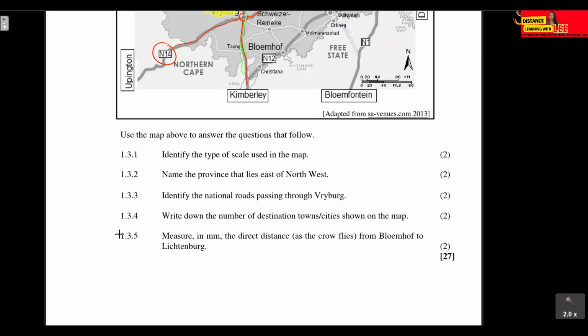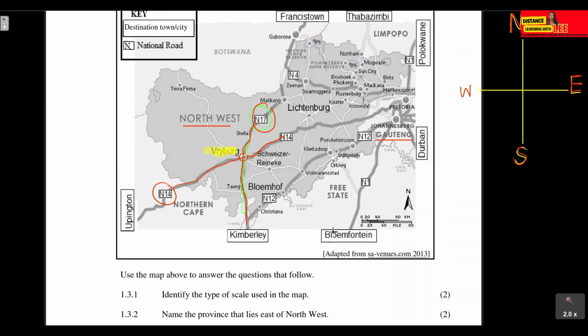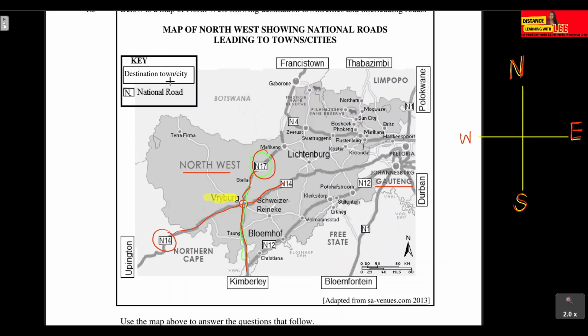Let's have a look at question 1.3.4. It says write down the number of destination towns or cities that are shown on the map. Remember, guys, with the key that was given to us here, we are told that the destination towns or cities are indicated by that rectangular white block. So we need to count all these destinations or cities that are indicated on this map.